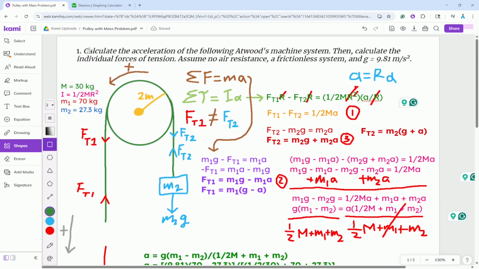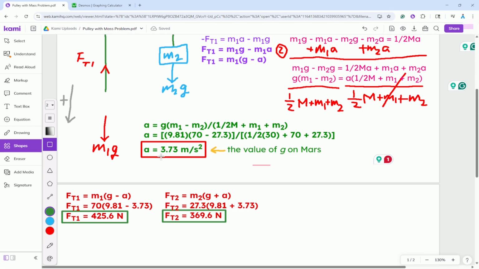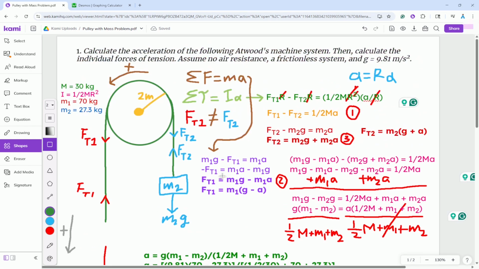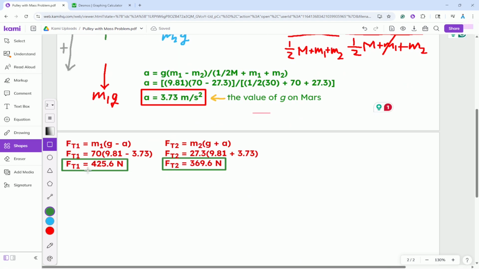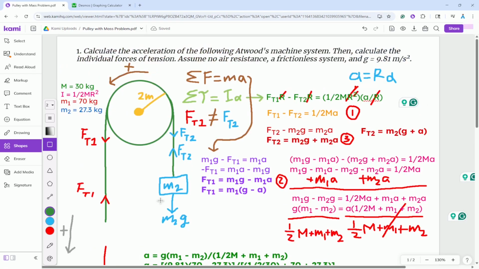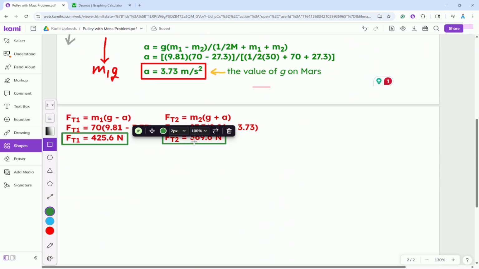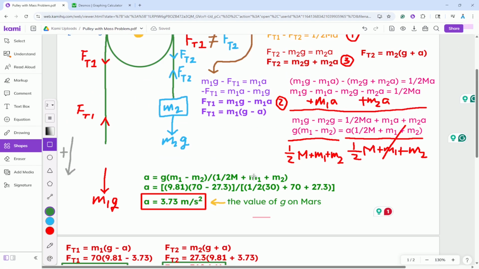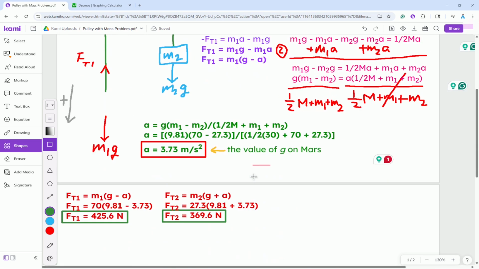So, to reiterate, the acceleration of the falling Atwood machine system is the value of g on Mars, 3.73 meters per second squared. The individual forces of tension: 425.6 newtons on force of tension 1, and 369.6 newtons on force of tension 2.